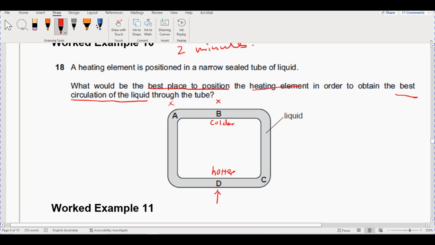Obviously the hot liquid tends to rise, so it goes this way and rises up here. But the problem is, in the end, they will meet here, but how about the void left behind at the bottom?